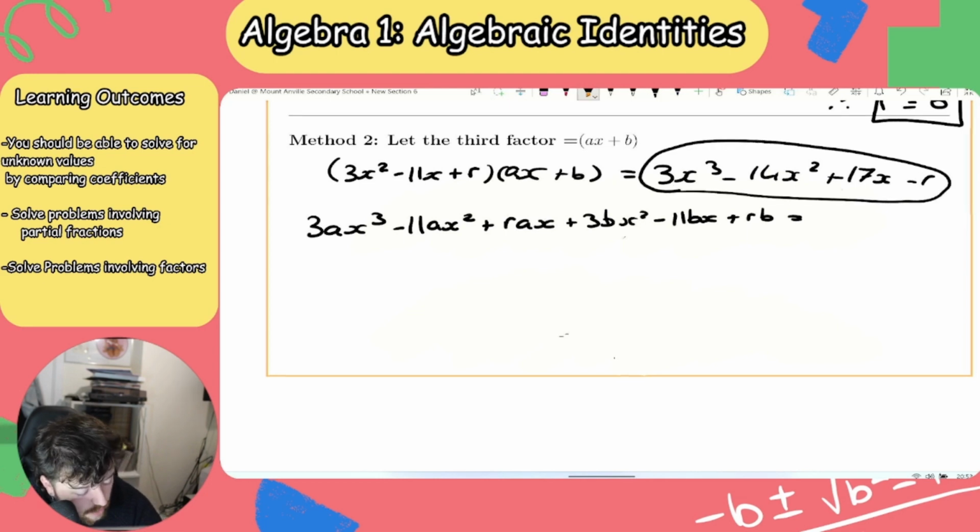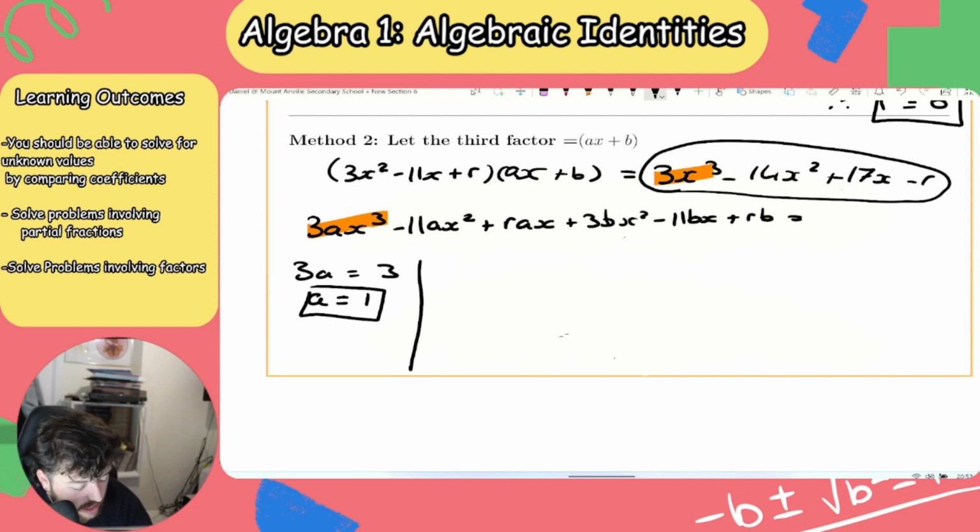Now, that has to equal this expression. So let's equate coefficients here. So 3ax cubed and 3x cubed. So equate them: 3a has to equal 3. So I'm equating the coefficients. a is going to equal 1. Not a lot of information, but it might help us. Now let's equate my x squareds.